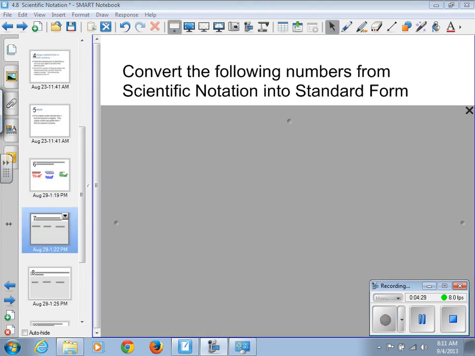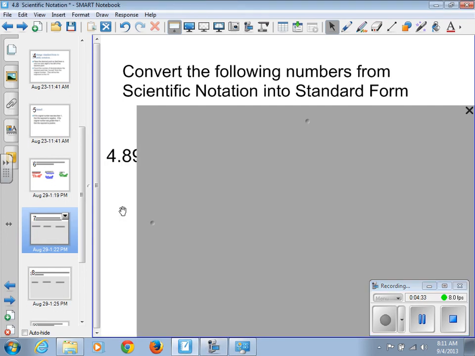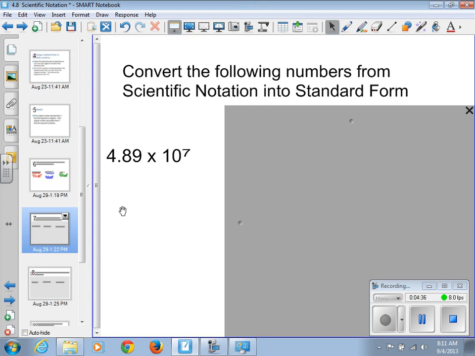We are now going to convert the following numbers from scientific notation into standard form. So for this, we just work the exact opposite way. We have our starting number, which I like to write out, 4.89. The exponent is +7, so we know our number is going to get bigger.